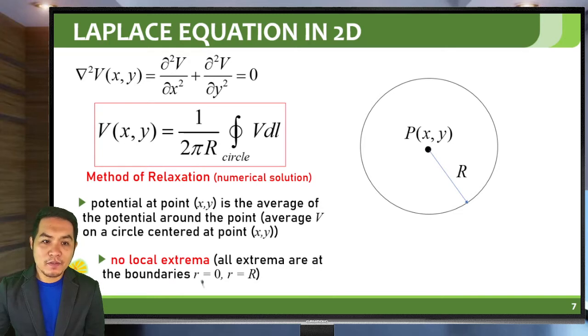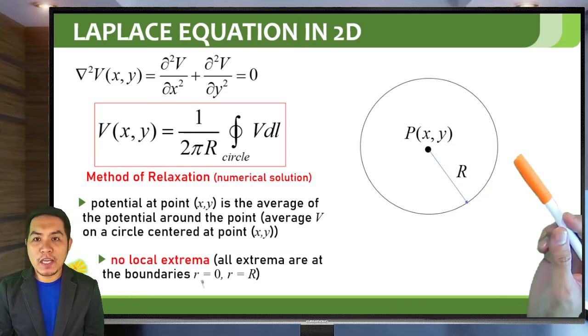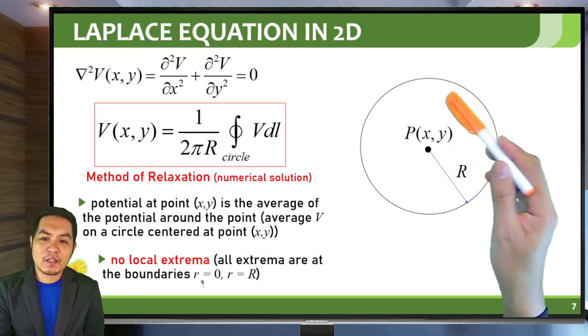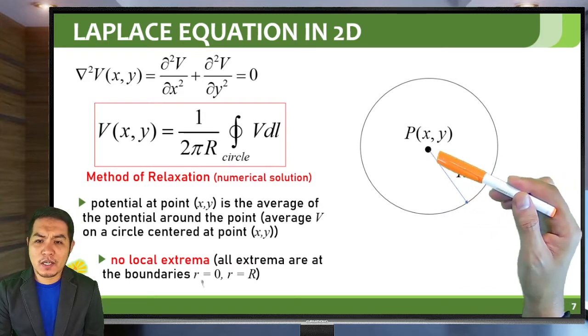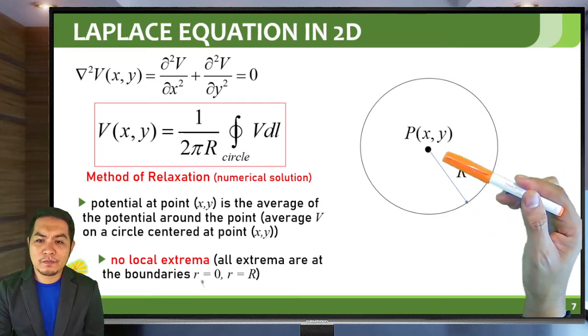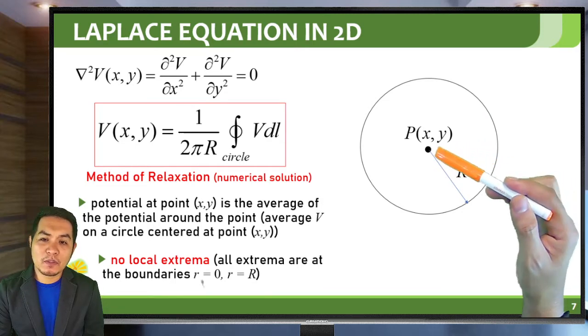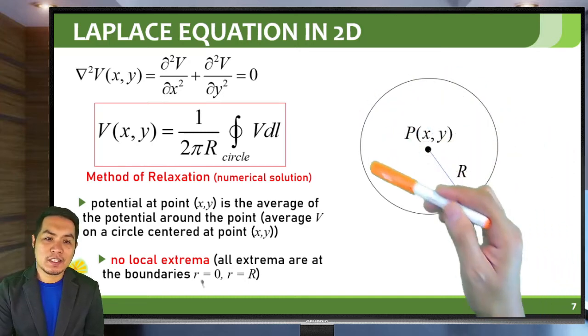So again, there are no local extrema, and all extrema are at the boundaries. So you will encounter later that if you have a potential function of a circular two-dimensional distribution, then the minimum or the maximum can only be found either at the center or at the surface of the circle.